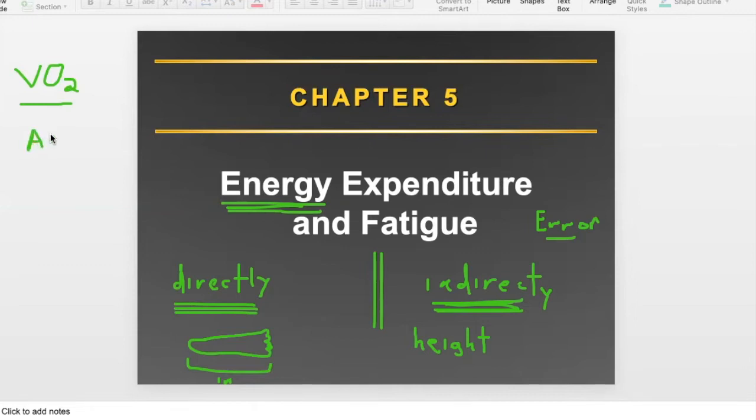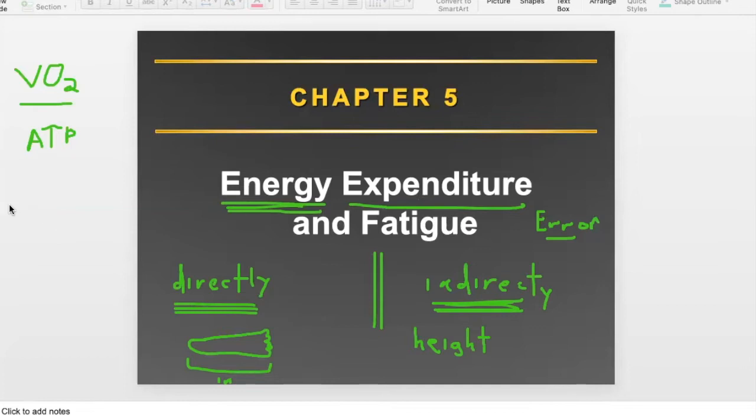So if you're using more oxygen, you're spending more energy. So there are ways of using the byproducts and the products of exercise and measure their volumes and estimate energy expenditure.